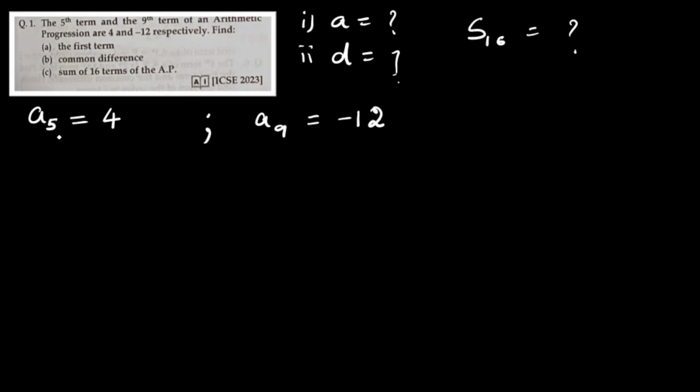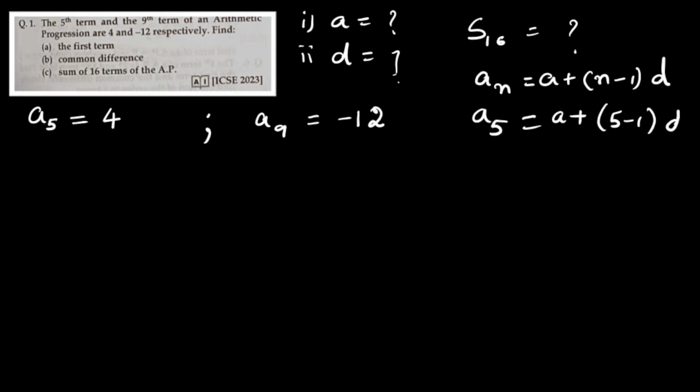So whenever something like this is given, what we'll do, we'll expand their formulas. We know this thing: an is equals to a plus n minus 1 into d. Now for a5 it will become a plus 5 minus 1 d, which is equals to a plus 4d.